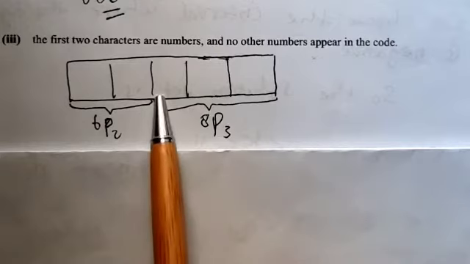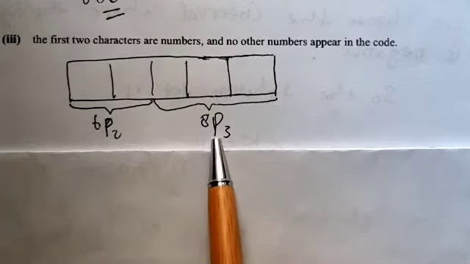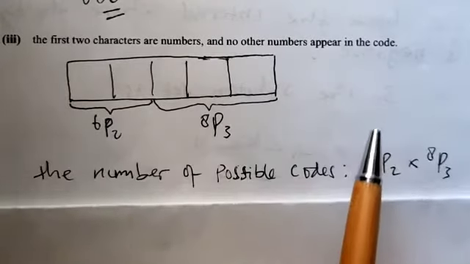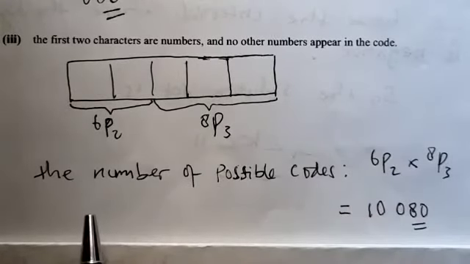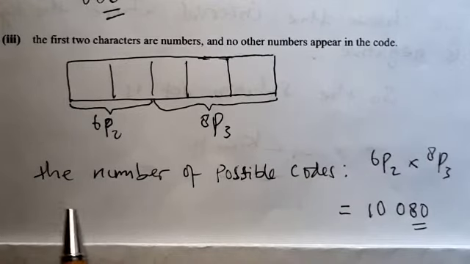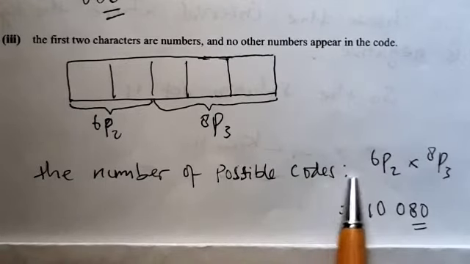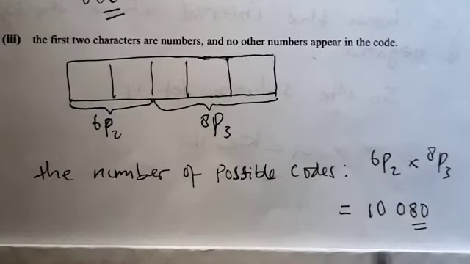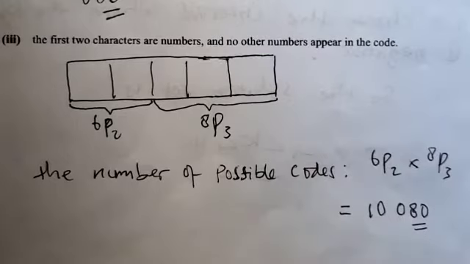Thus, there are 8 permutation 3 ways for the last 3 positions. Again, according to the basic counting principle, the number of possible codes is 6 permutation 2 times 8 permutation 3, that is 10,080.